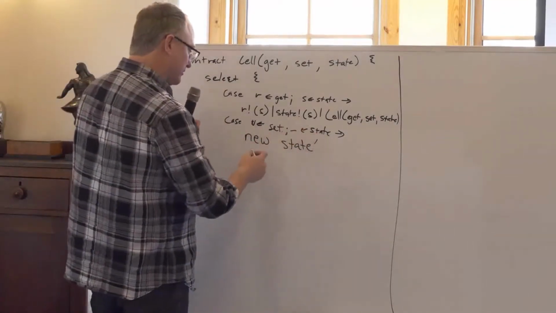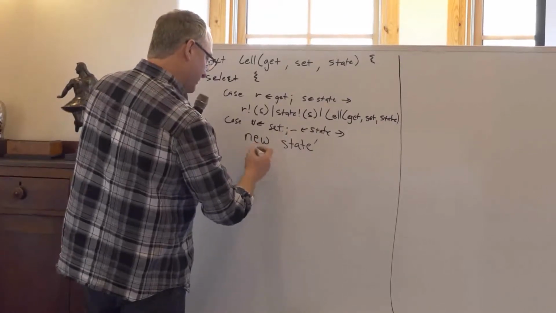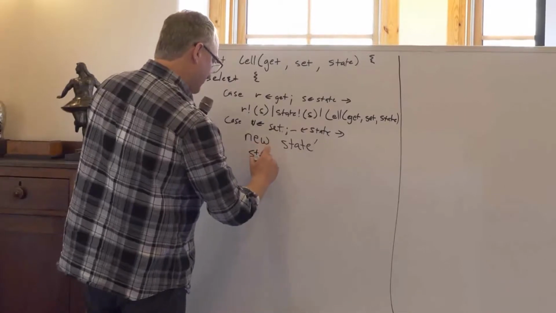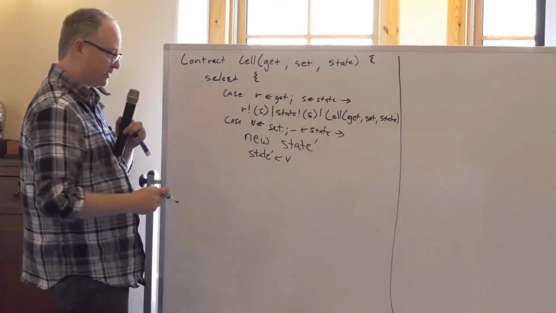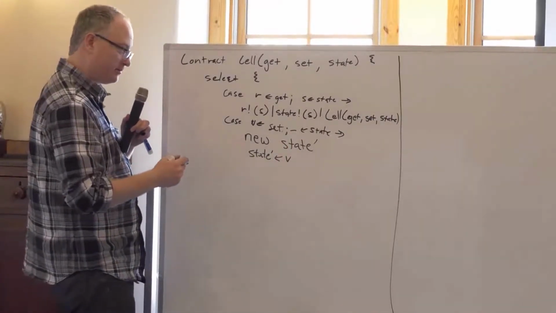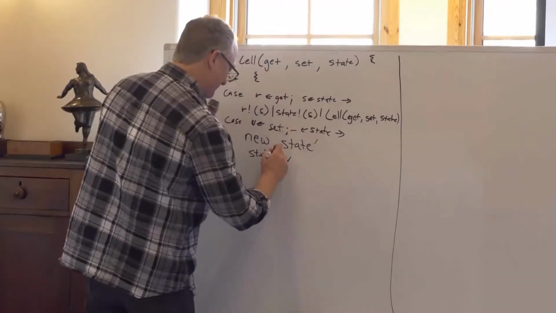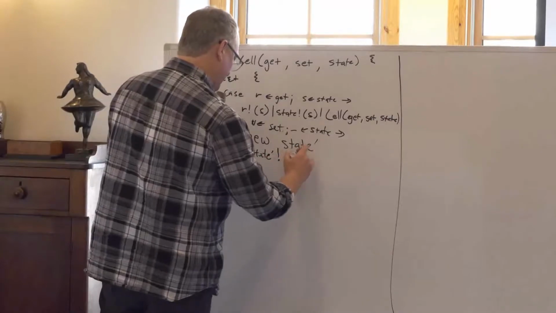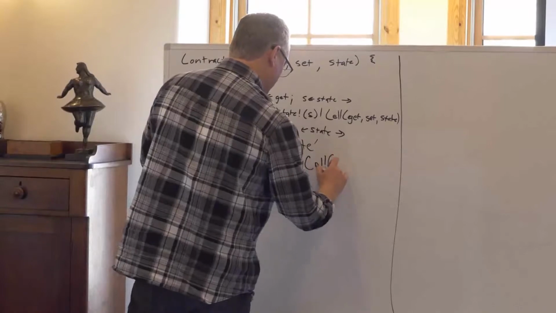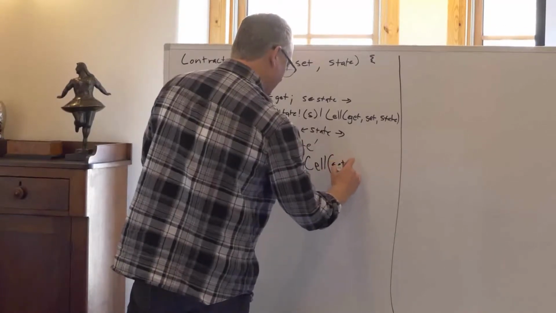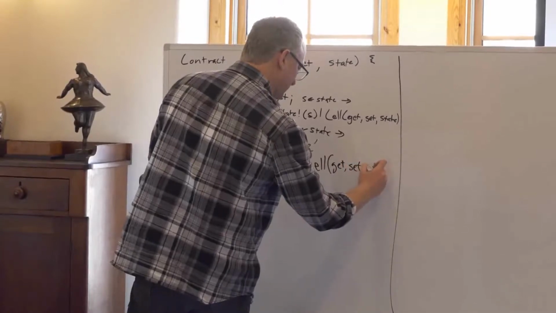Anyway, you get to introduce new names this way. And we're going to stick the incoming value there, right there. And in parallel, this might be the whole solution, or I might not be remembering all of it. And to continue, set is the same, set is the same, and the state is the new one.